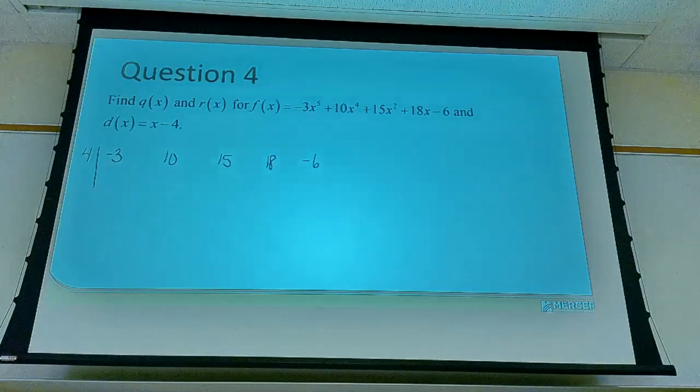Look at what happens between the 10 and the 15. There's a 0 in between. So we're going to put 0 in between the 10 and the 15, and then 15, 18, negative 6.